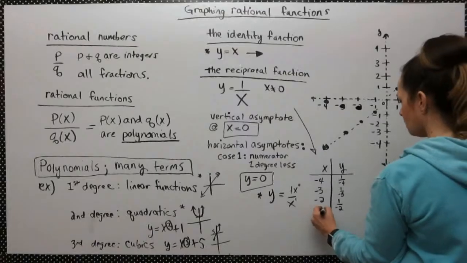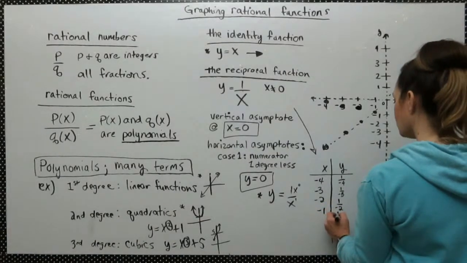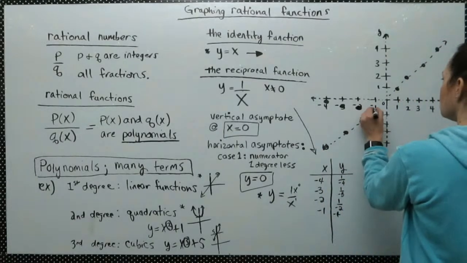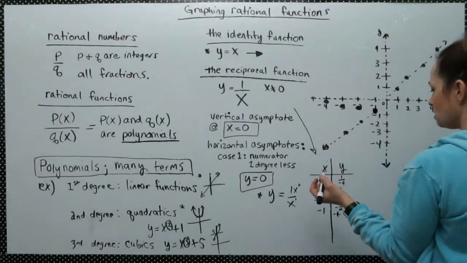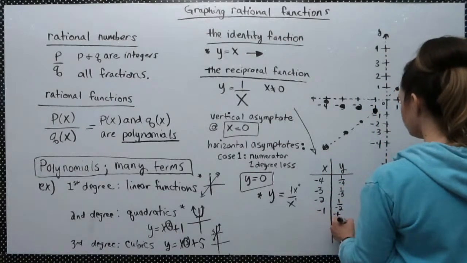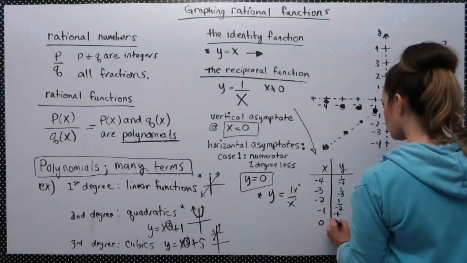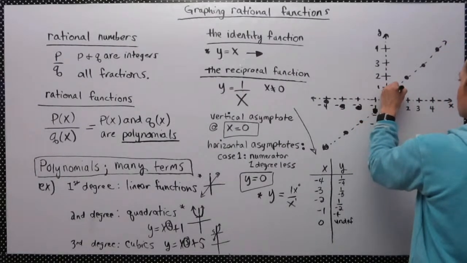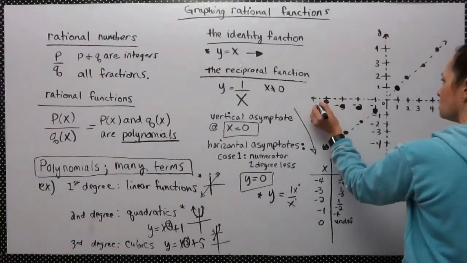And then -1, we're at 1 over -1, which is -1. So that's a point on the graph, (-1, -1). Right there. They're going to share that point in common. And then we got 0 undefined. And then 1, 1 is going to be on there. So we've got this sort of thing happening.